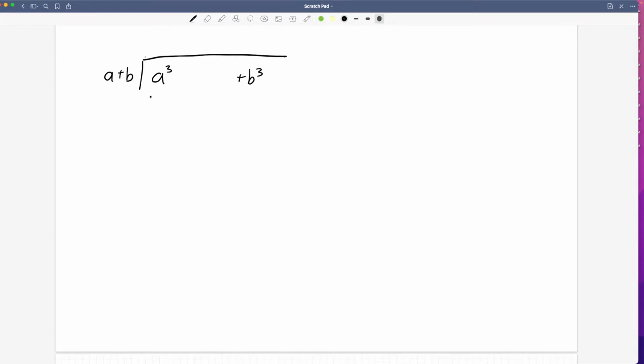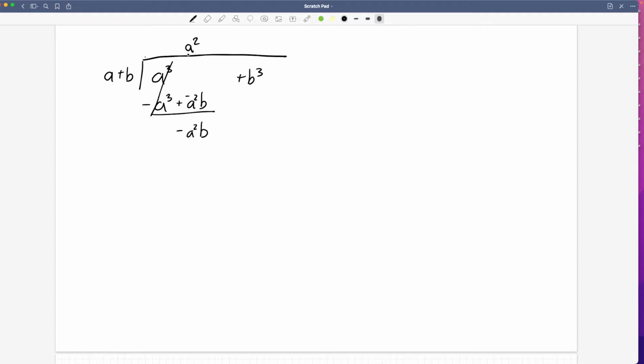I'm going to say a into a cubed is going to give me a squared. A squared times a is a cubed. A squared times b, that's plus a squared b. Change the sign. These cancel, so that's negative a squared b.